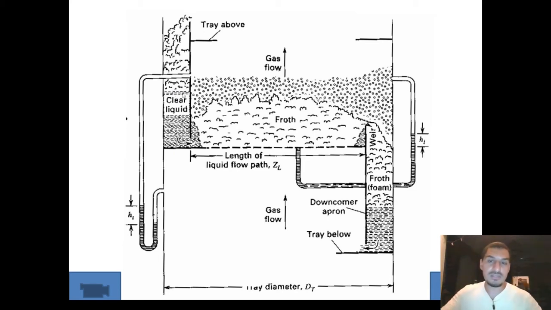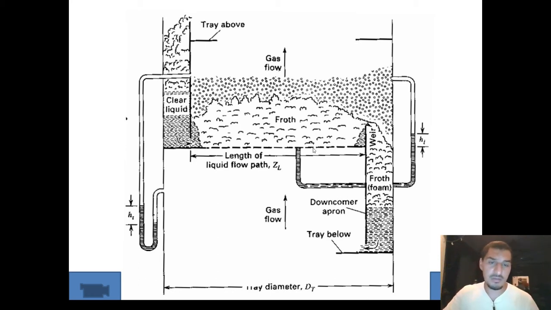As you see here, there are a lot of bubbles, what we call the froth, and this froth provides the large surface area for the mass transfer to happen. The froth gets stable here, and all the bubbles are gone, and the liquid goes from here to there. The vapor is bubbling through the small holes here.